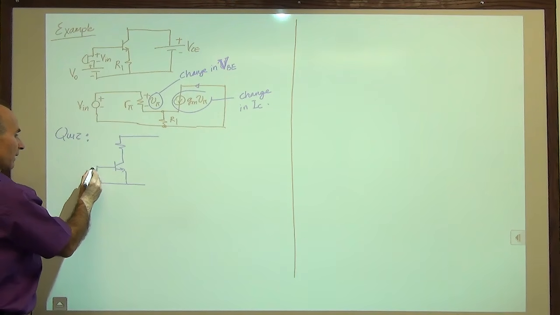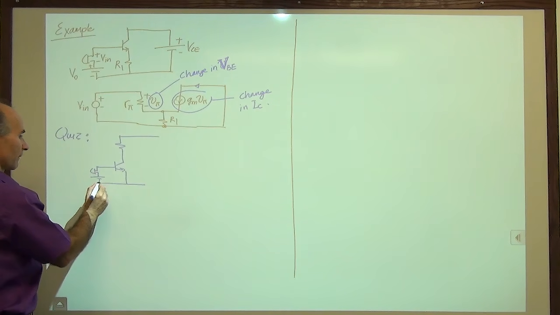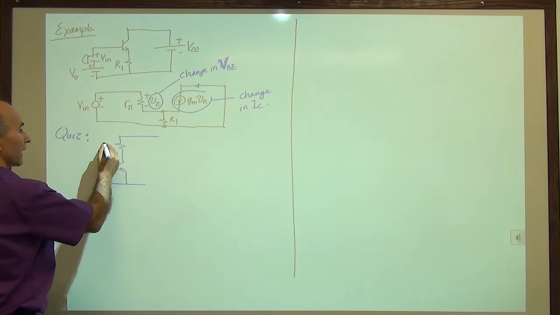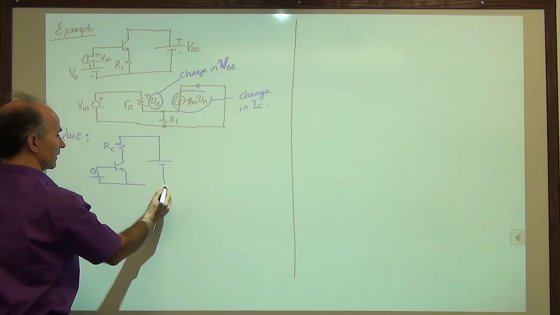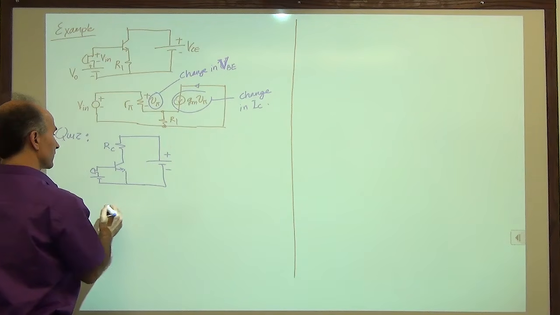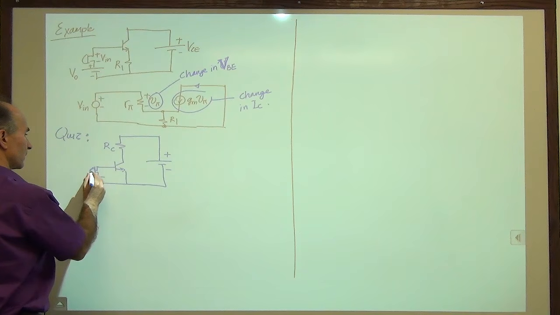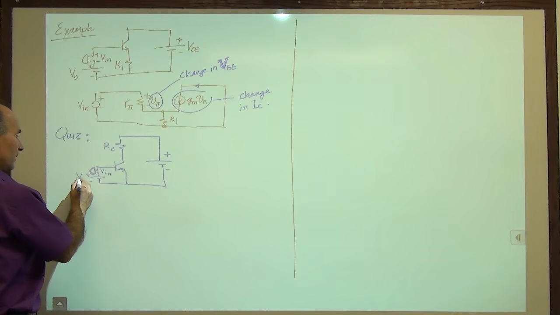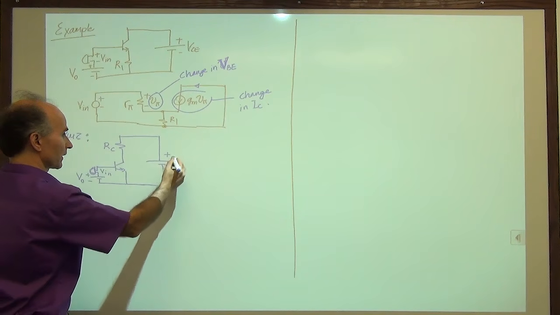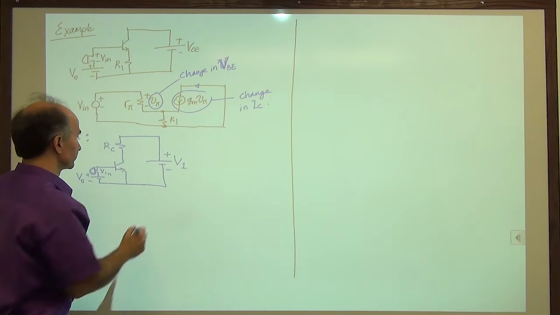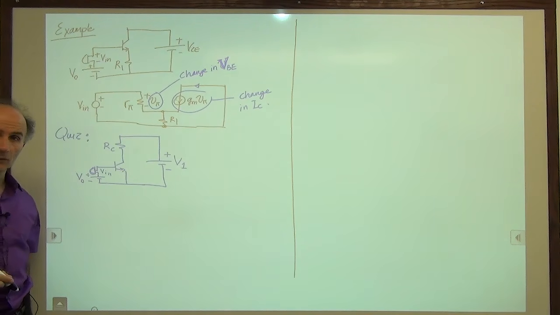Again, we have a microphone, we have a battery here, and then we have a resistor up here, and then we have another battery here. This is the microphone, we call it V in. This is the battery, we call it V0. And we would like to construct the equivalent circuit of this. I'll call this V1. So I'll give you 90 seconds to calculate this.